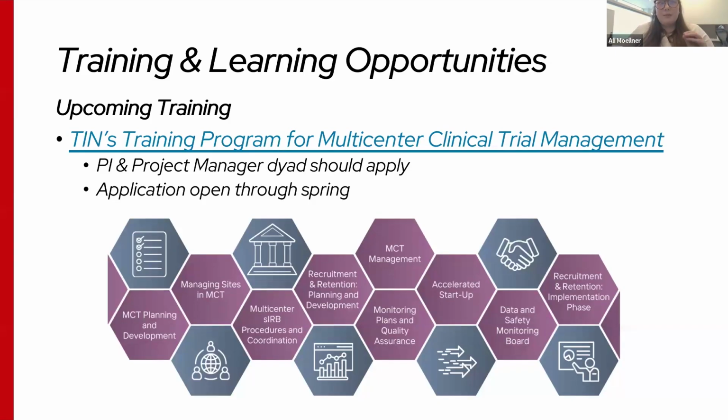It's a cohort-based program designed to equip investigators and project managers with the skills necessary to lead multi-site clinical trials. I think they're typically looking for people that are newer to multi-site, but they have an application form, which is linked here, that you can apply to. Theresa and I tried last time, but I think they're looking for dyads that are a little bit newer to multi-site. These are some of the topics that you can cover, and their website talks a little bit about that too.